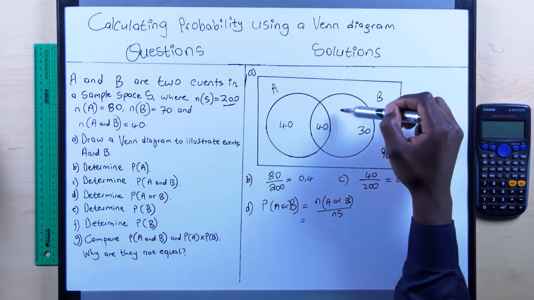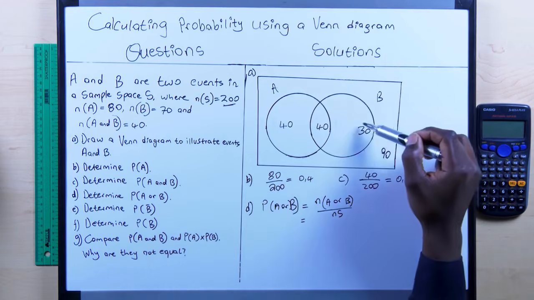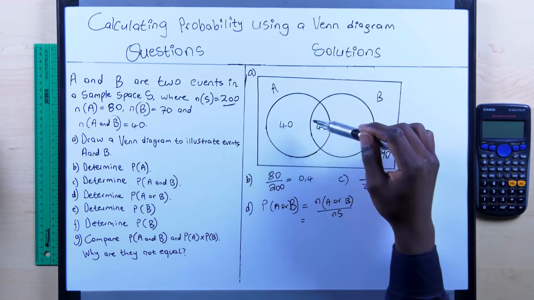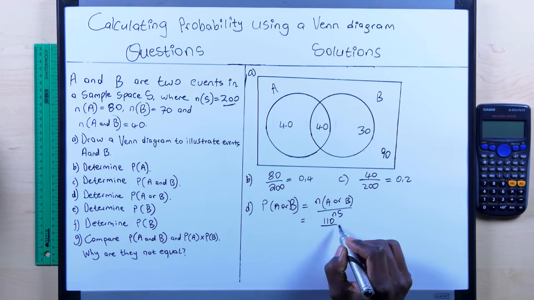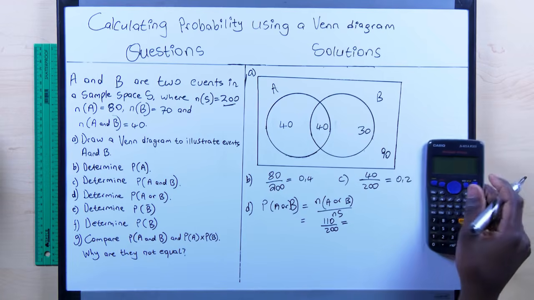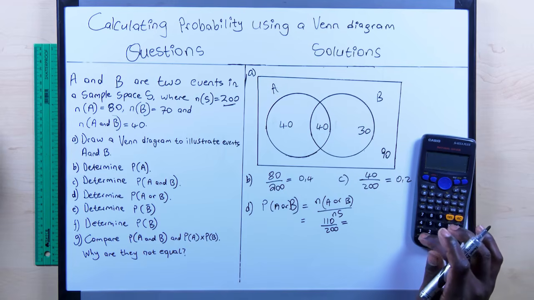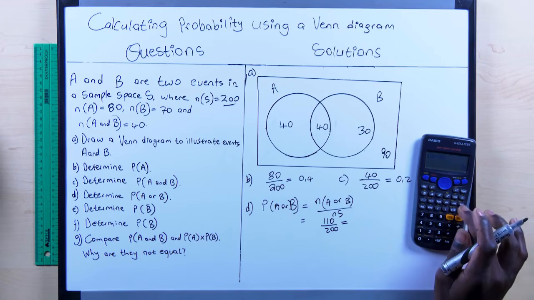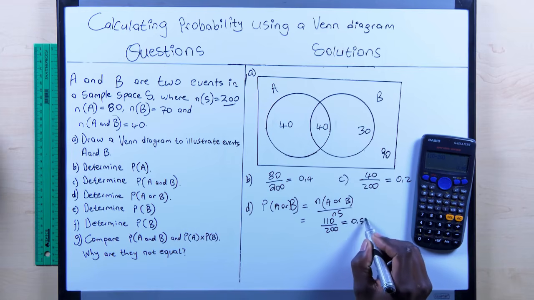It's either this or that. So it's either this 40 and the 30, or the 30 and what they both share. So 40 plus 40 plus 30, which is 110. So it's 110 divided by 200, which is 11 over 20, which is 0.55, which is 55%.